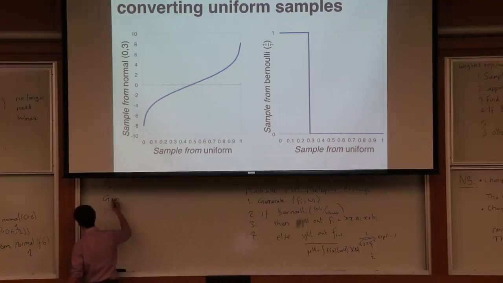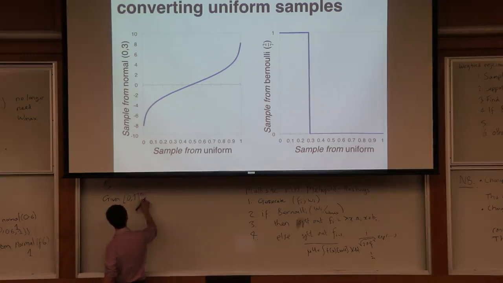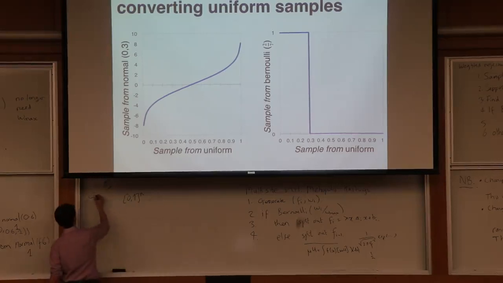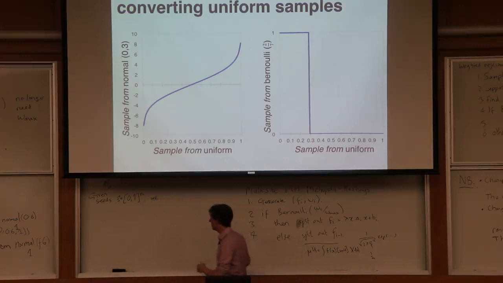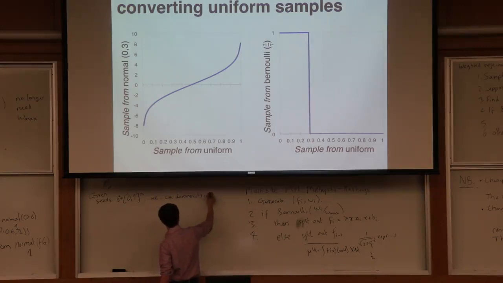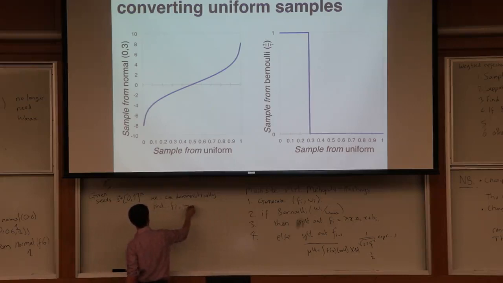So now supposing all the things are drawn from 0, 1, given a collection of seeds, there's only n sample statements, so it says, given seeds in here, which we're then going to use the cumulative distribution functions or whatever, we can deterministically find fi and wi.